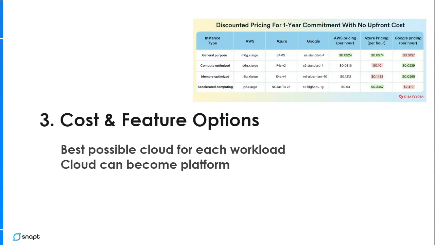The next one is cost and feature options. So the best possible cloud for each workload. It's easy to say, but really it's talking about using the most optimal solution for each problem that you have, right? Problems typically being your applications, but an application is many things. It can often be a SQL database and a key value store and a bunch of web servers, or it can be serverless, or it can be just general purpose workloads.